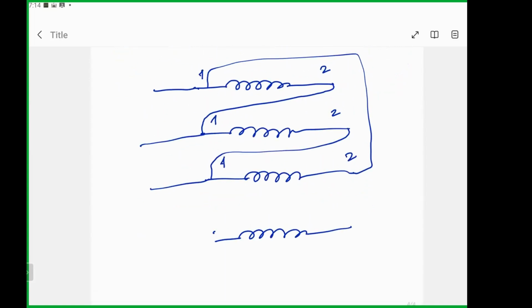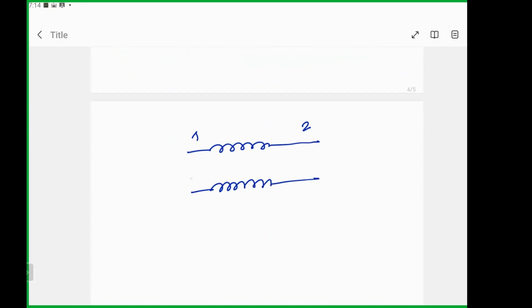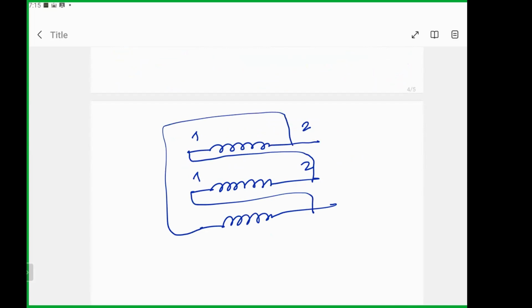Just go to the page. So you have three coils: number 1, number 2, and then the other coil, number 1, number 2, and then the other coil. You can do it the other way: this one is connected here, this one here, and this one here.